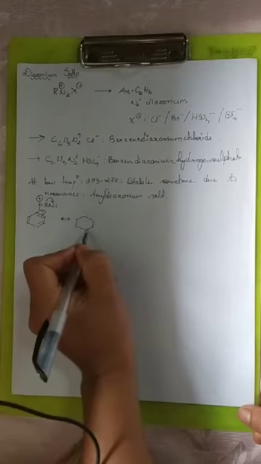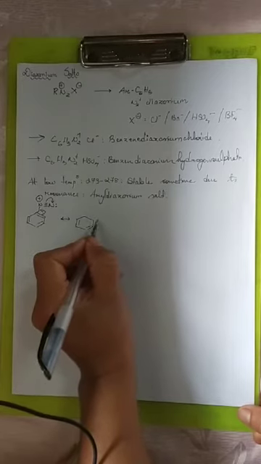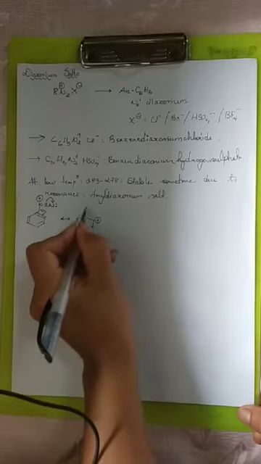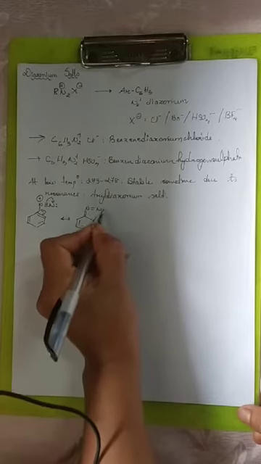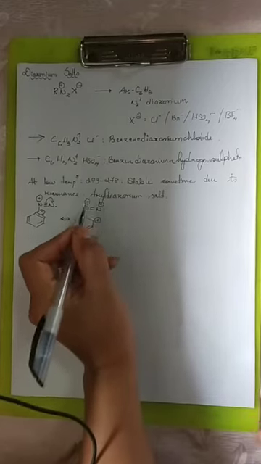The second resonating structure has a positive sign, a double bond, and a minus and then plus.